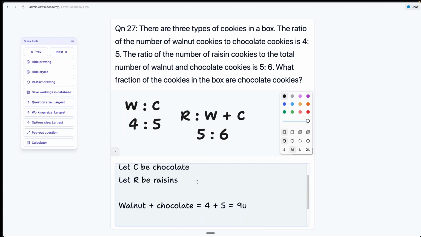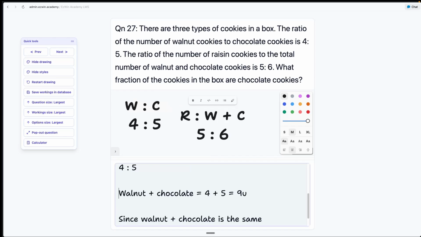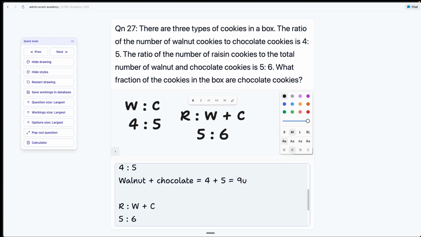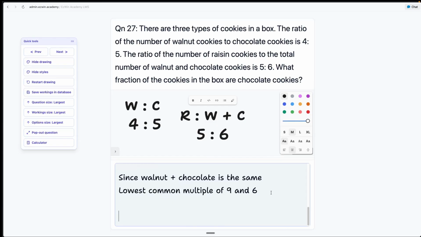That's what I see over here. So actually, I'm just going to write this down here. Walnut to chocolate is 4 to 5. Raisins to walnut and chocolate is 5 to 6. So the lowest common multiple of 9 and 6 is actually 18. Okay, 18 over here.